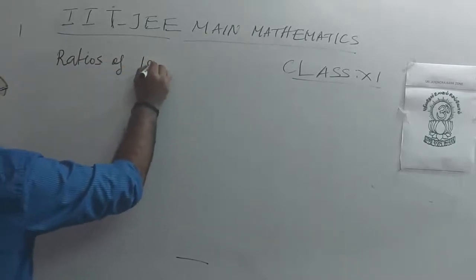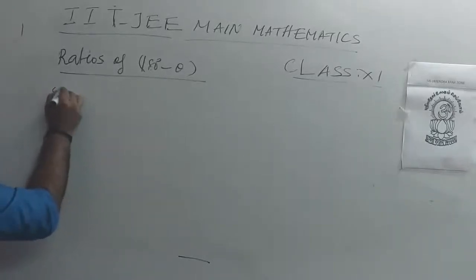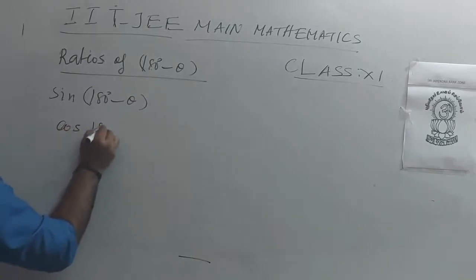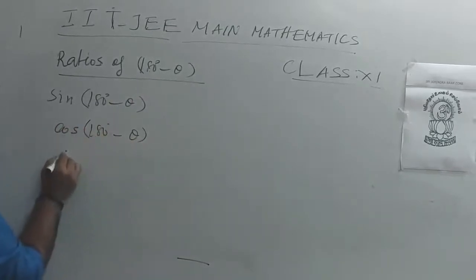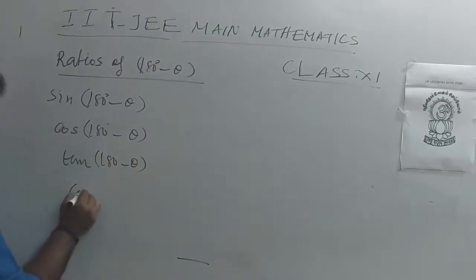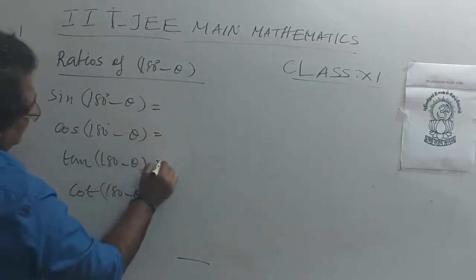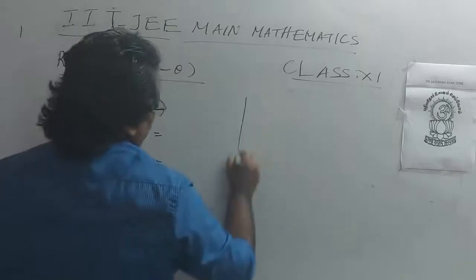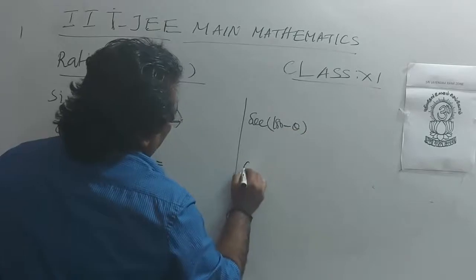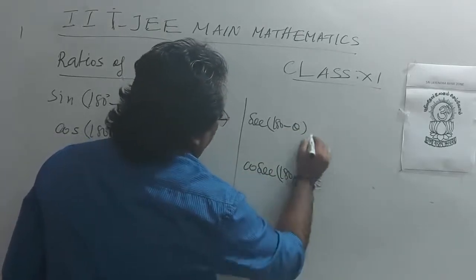This is of 180 degree minus theta. Sin 180 minus theta, cos 180 minus theta, tan 180 minus theta, cot 180 minus theta, secant 180 minus theta, cosecant 180 minus theta.